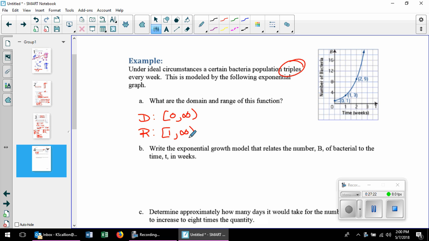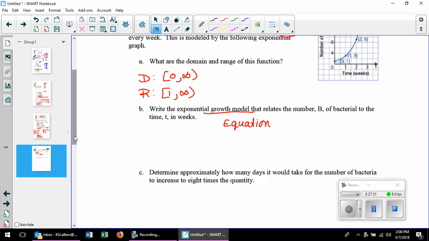We're an exponential growth model. I'm looking for an equation. So many words. Okay, so when x is 1, what's my y value? 3. So what's my base? 3. I think we already talked about that.